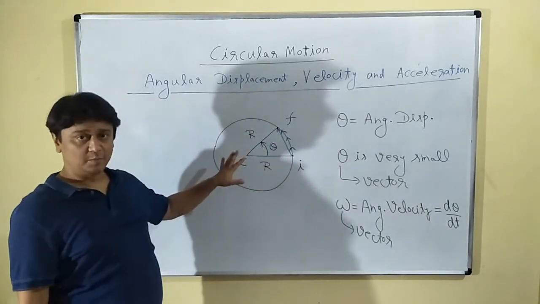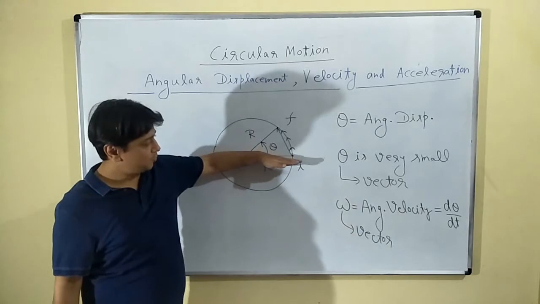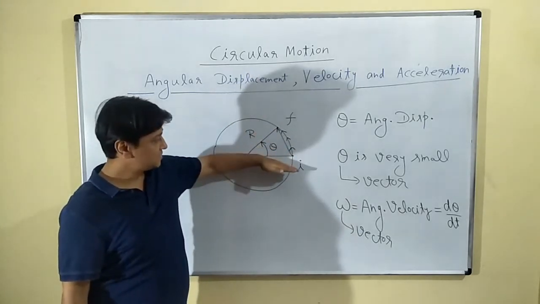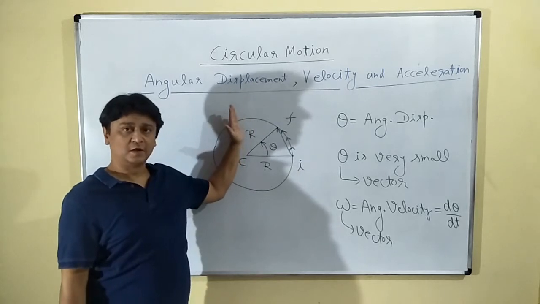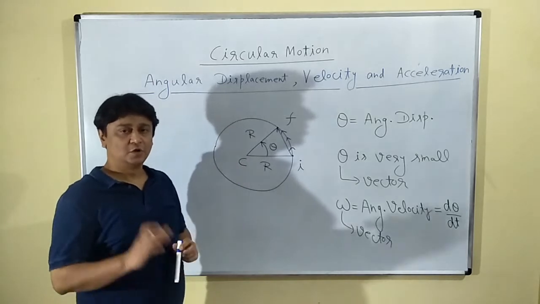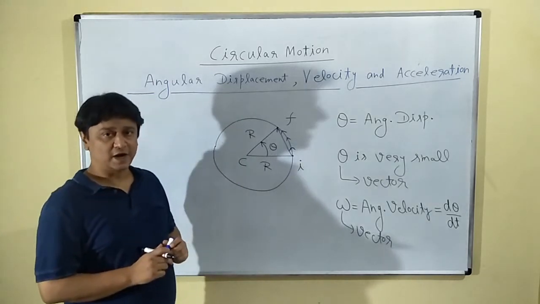क्या हो रहा है यहां पर? If somebody moves from this position to this position, then you can see that theta is 90. This angular displacement of 90 degrees will not be considered a vector.